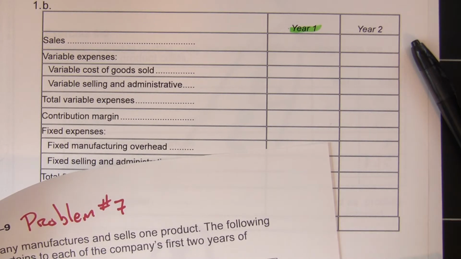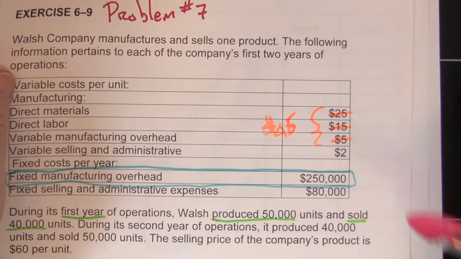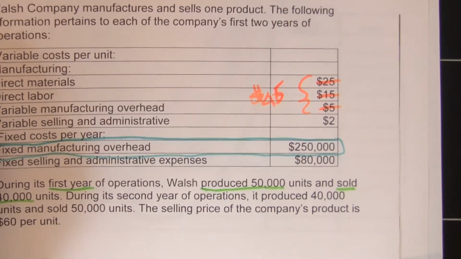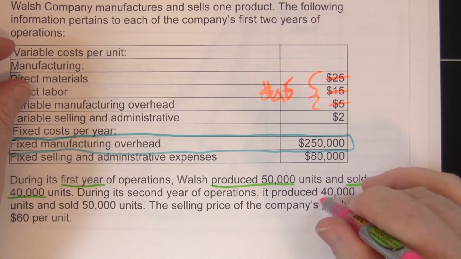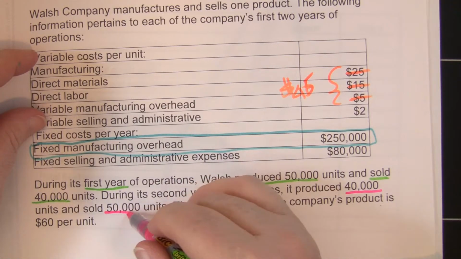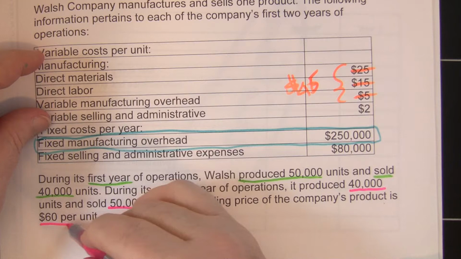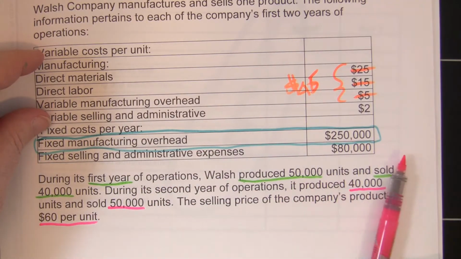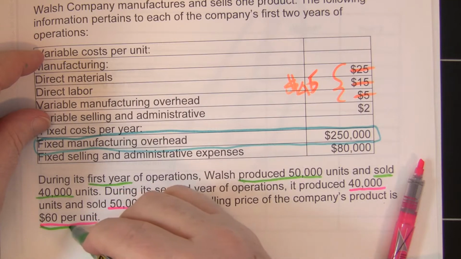And year 2, and we'll do that in pink, it produced 40 and sold 50, and no matter which year they sold them, the selling price was $60 per unit.